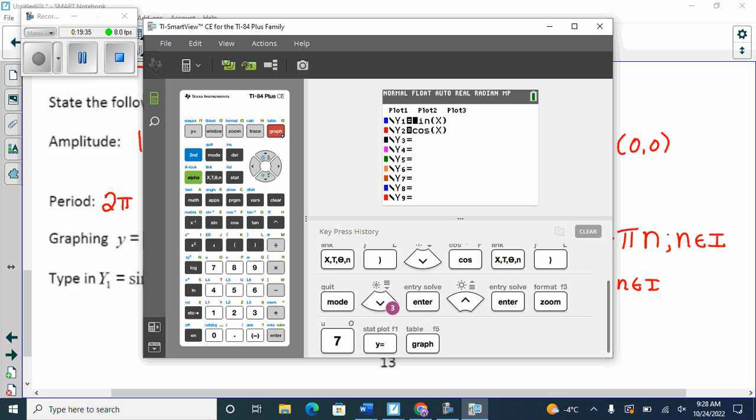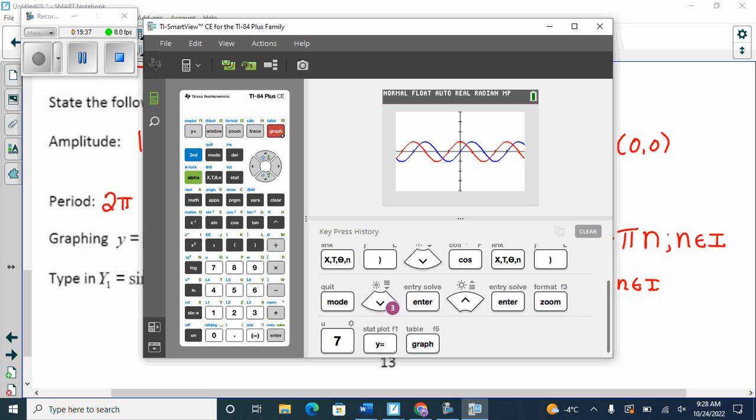I have colors, so it makes a difference. So the blue is the sine graph, and the red is the cos graph. Do you see that? They're actually the same graph. They're just a what apart. They're pi over 2 apart. They're a horizontal shift apart.